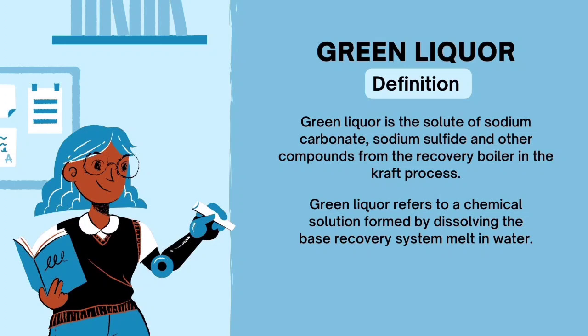Okay, next team, Jessy Almiati will continue to explore green liquor. Green liquor is a solution of sodium carbonate, sodium sulfate, and other compounds from the recovery boiler in the kraft process.